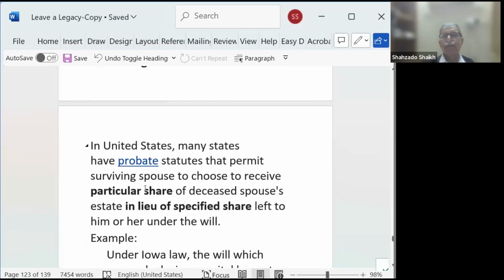For example, if a will has been made in which the person has given a certain portion which is completely correct, which is absolutely right according to law and according to Islam, and he has made a certain portion separately for the wife. But after the death, the wife demands that she is not taking that amount, if it is in cash, for example, or some other property. She says, no, I will not take that. In lieu of that, I'm going to take the house. She has the choice.